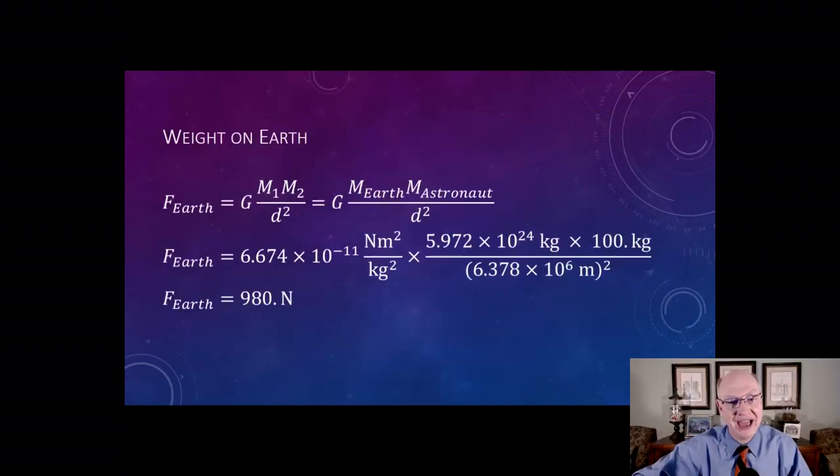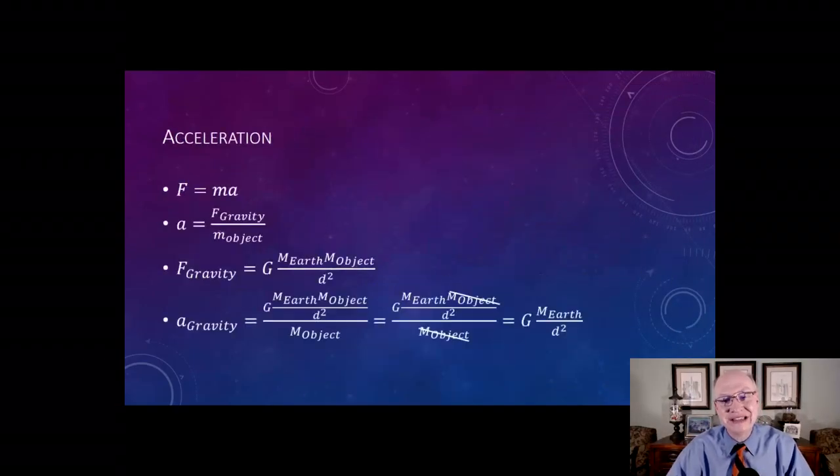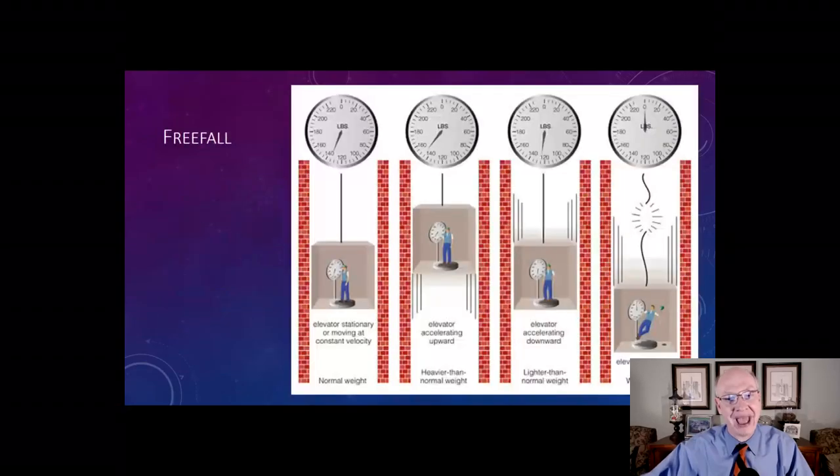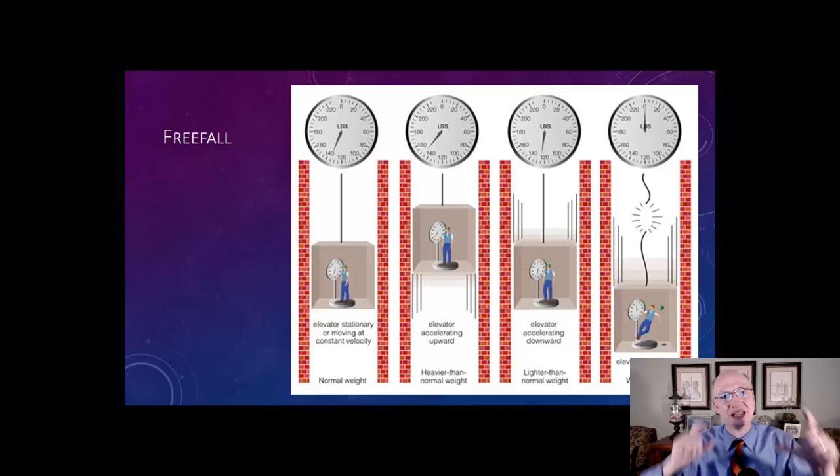Well, remember, the acceleration doesn't depend on the mass of the elevator, doesn't depend on what the elevator is made of. The acceleration is 9.8 meters per second squared, regardless of the mass. So the elevator is accelerating downwards at 9.8 meters per second squared. But you're also accelerating downwards at 9.8 meters per second squared.